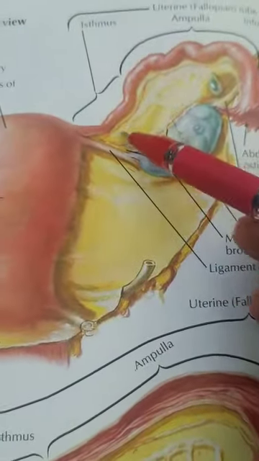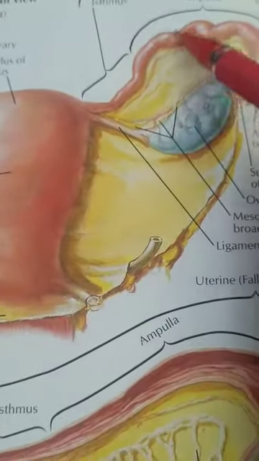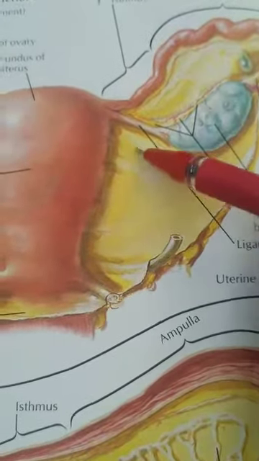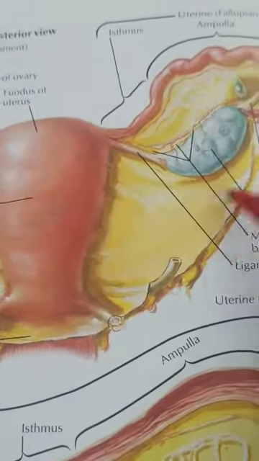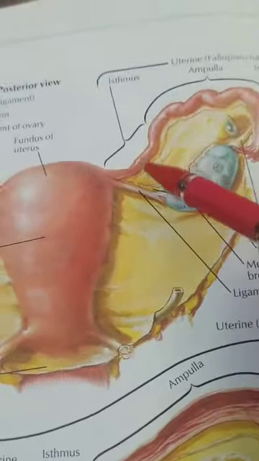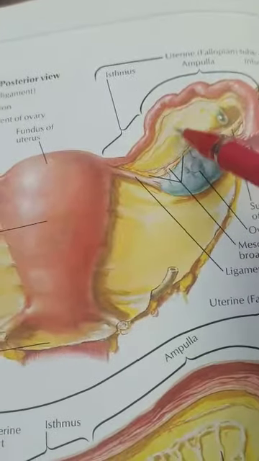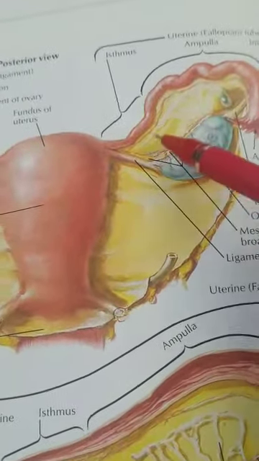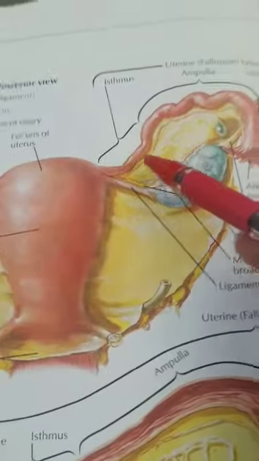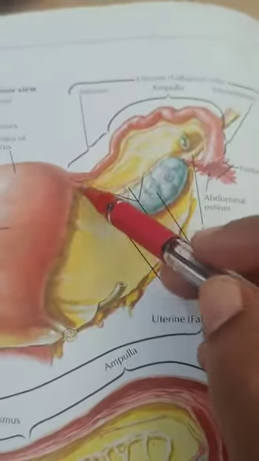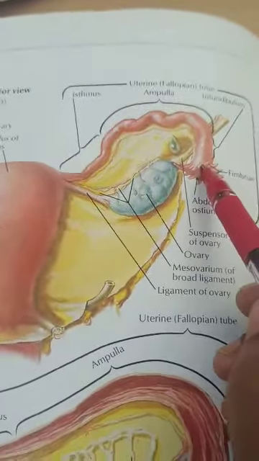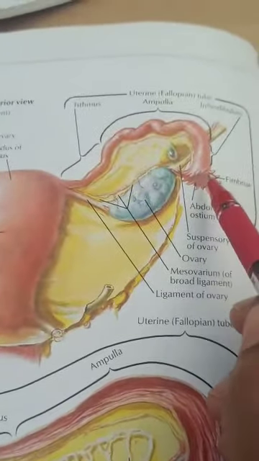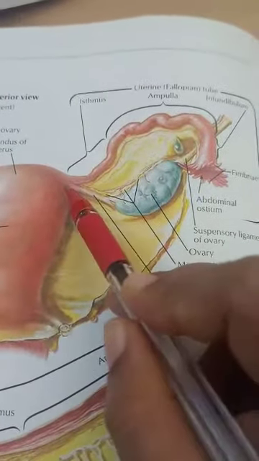Then the situation: it is seen in the upper margin of the broad ligament of the uterus. This yellow colored portion is the broad ligament of the uterus. The uterine tube is about 10 centimeter long, and it has two ends, a lateral end and a medial end.